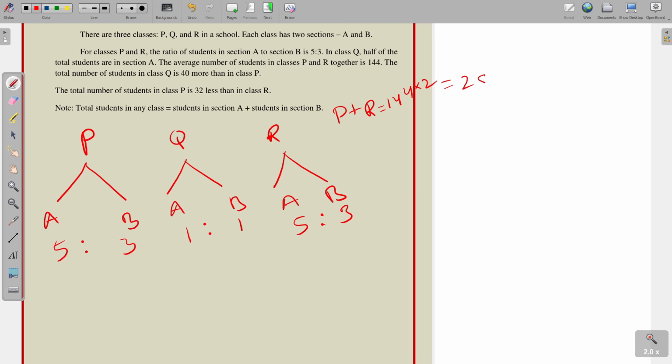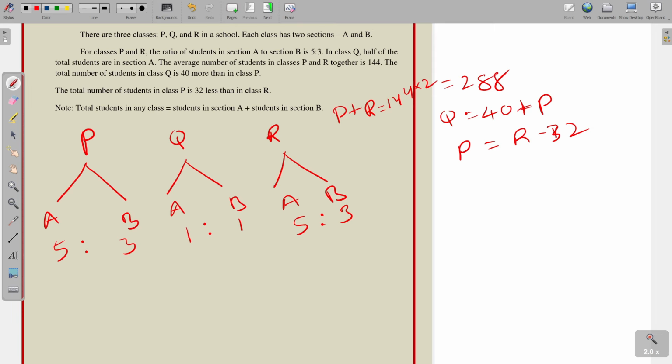Therefore, it is 288. Next point, the total number of students in Q is 40 more than P. Next point, the total number of students in P is 32 less than R.